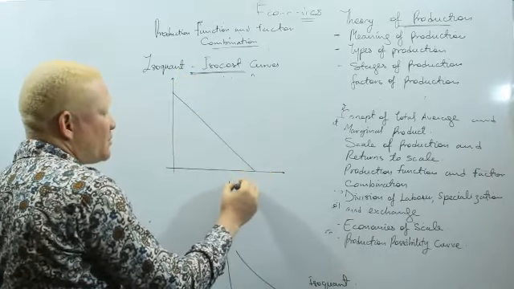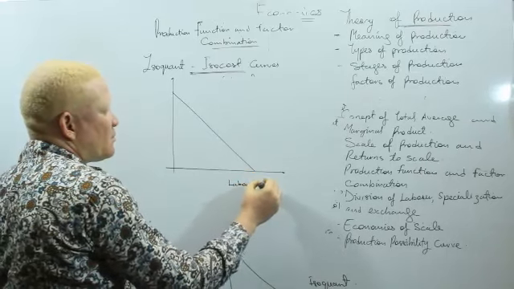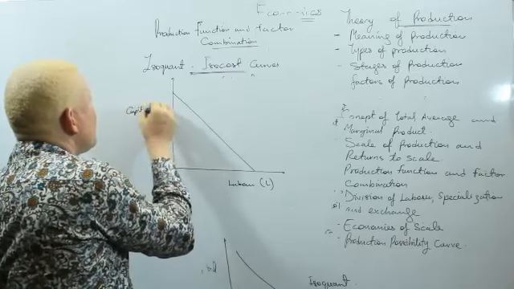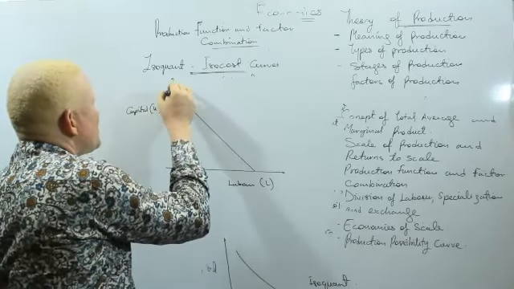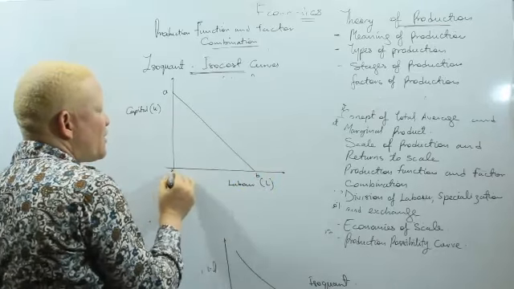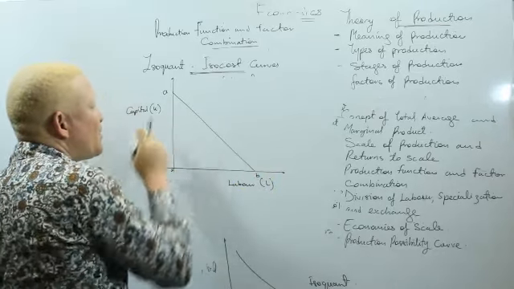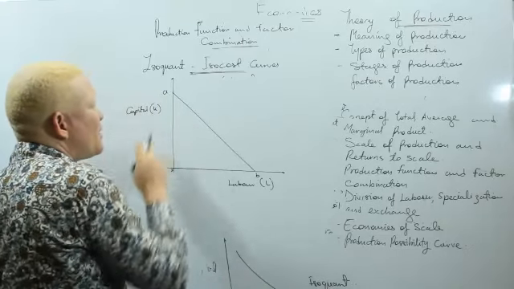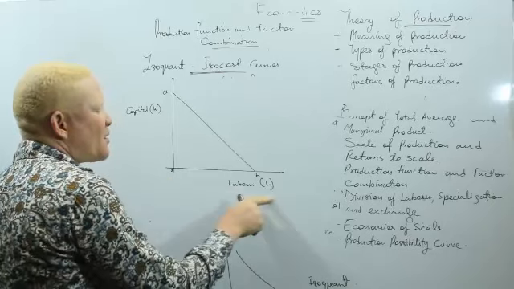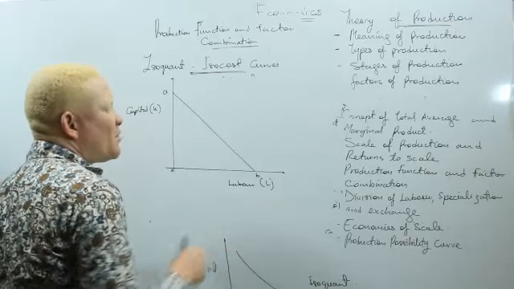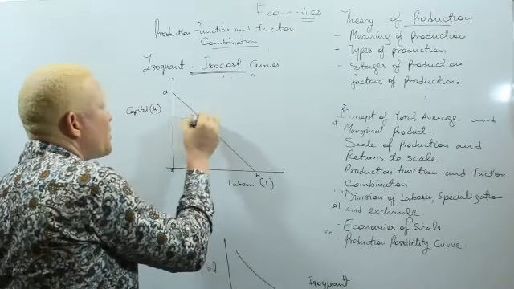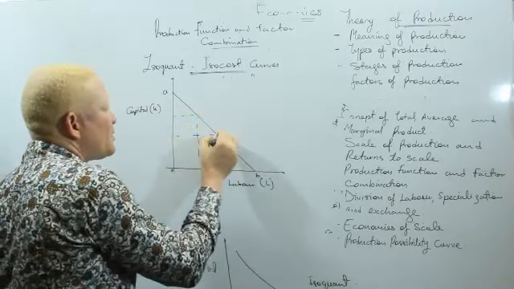Here will be labor, L, here is capital, K, meaning that I could employ A and B. If I concentrate all the resources, we cannot employ more than A units of capital, and if we concentrate all resources, we cannot employ more than B units of labor. That means that we could actually combine any quantity here.